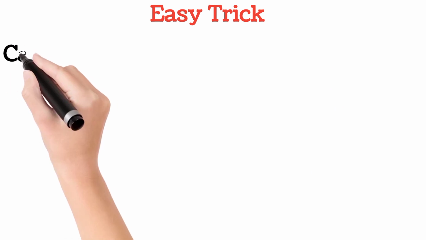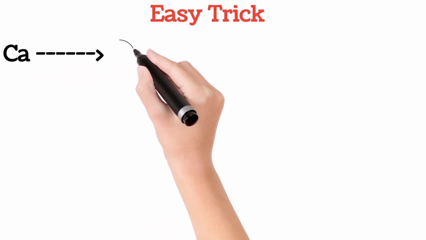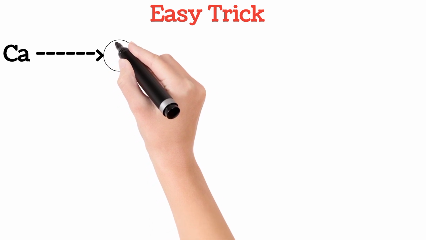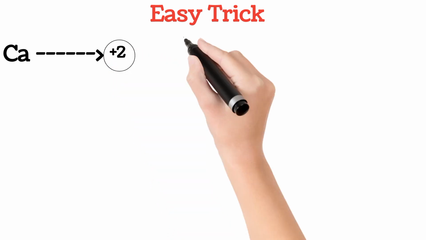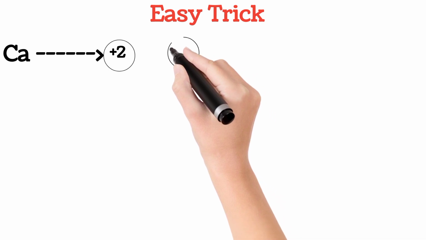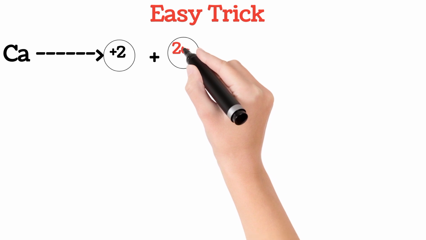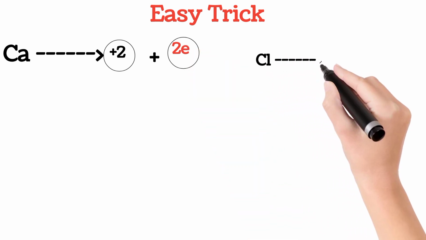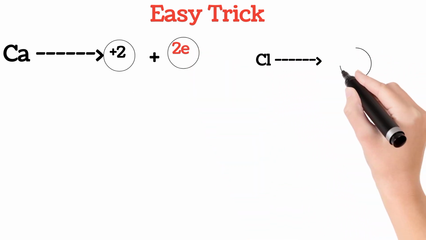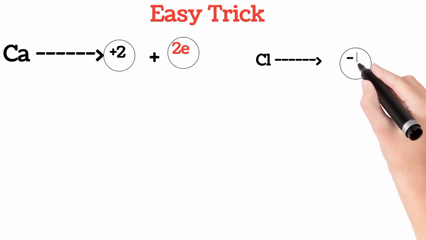Okay, let's look at an easy trick for understanding oxidation and reduction. Now, when calcium goes into reaction, it forms an ion of +2 by losing what? 2 electrons. Calcium will go into reaction by losing 2 electrons and become what? Calcium 2+, that is positively charged.